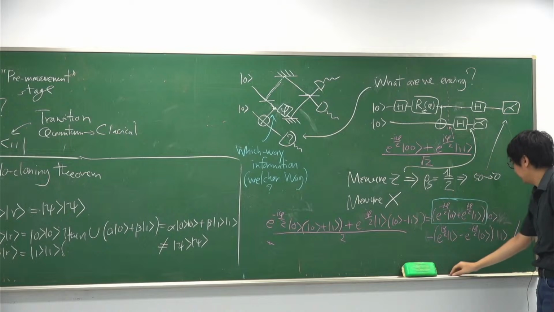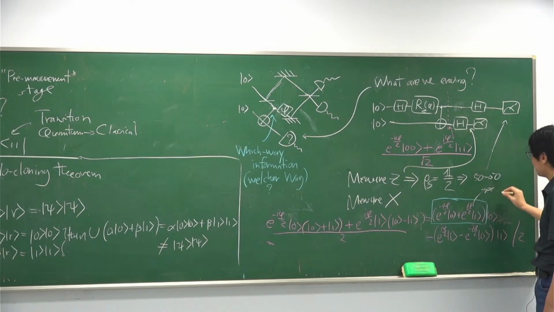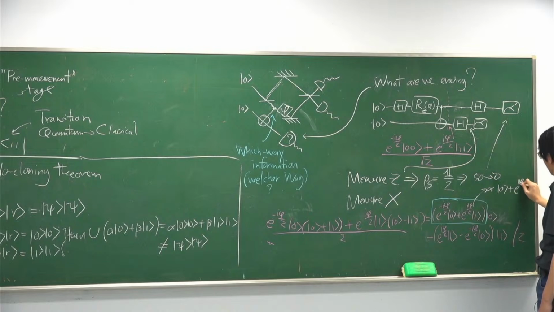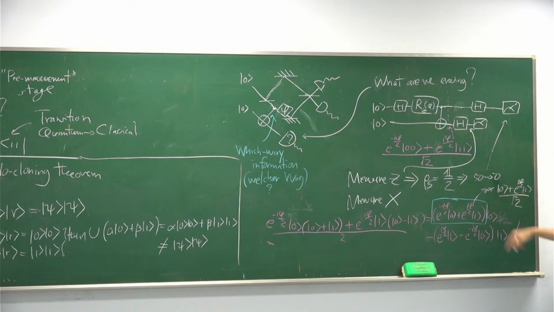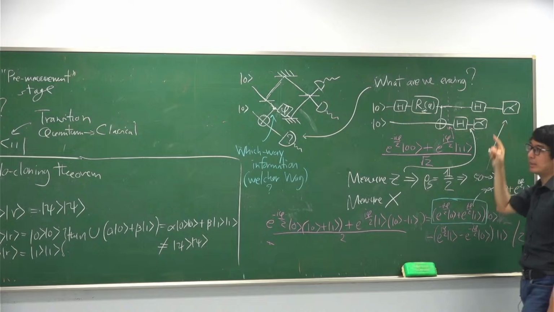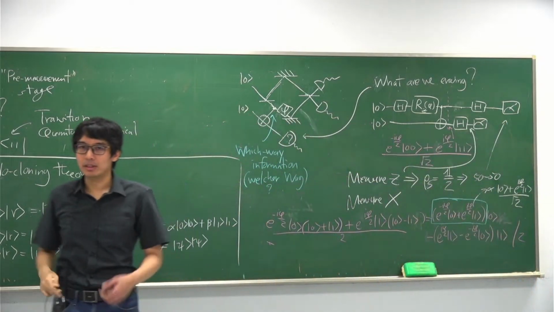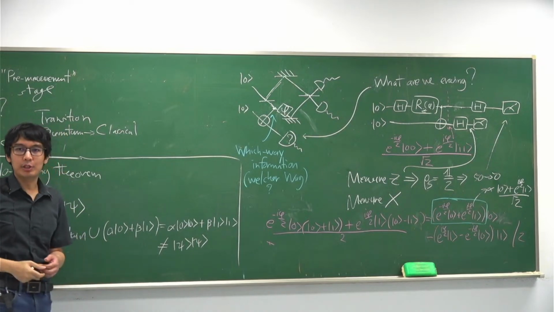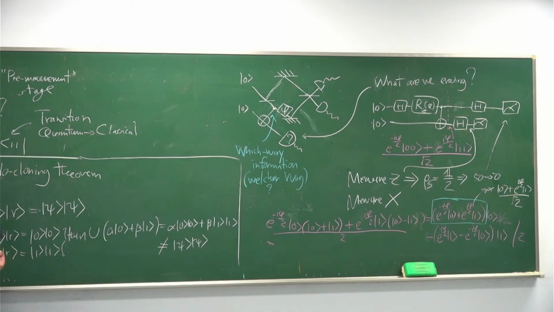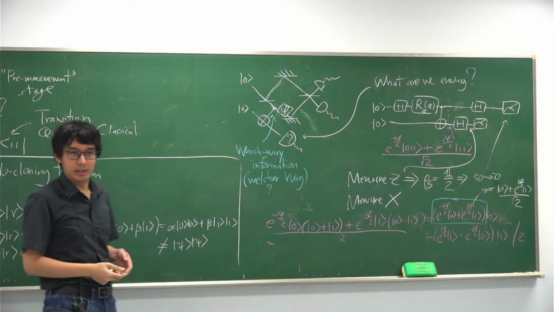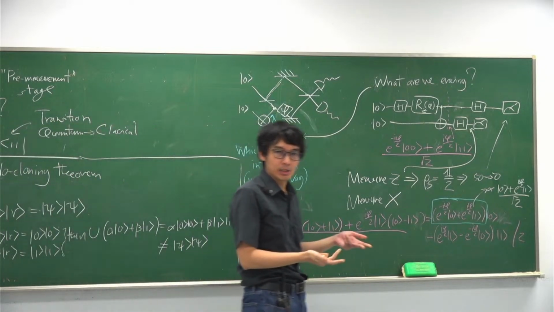So this is a state that has relative phase phi between the 0 and 1, right? And so once you pass this into the Hadamard and make a measurement, you will see interference. The outcome probability will depend on phi as cosine squared phi over 2 and sine squared phi over 2.